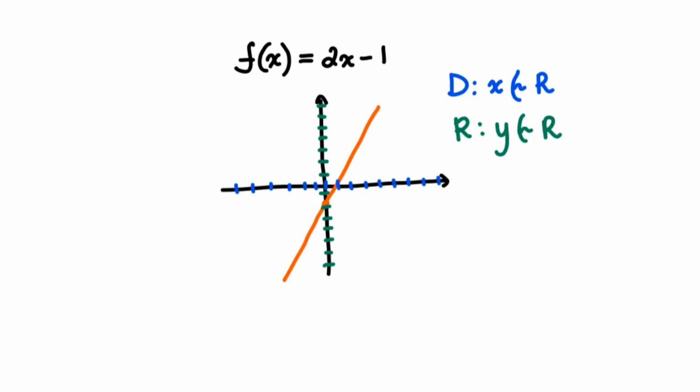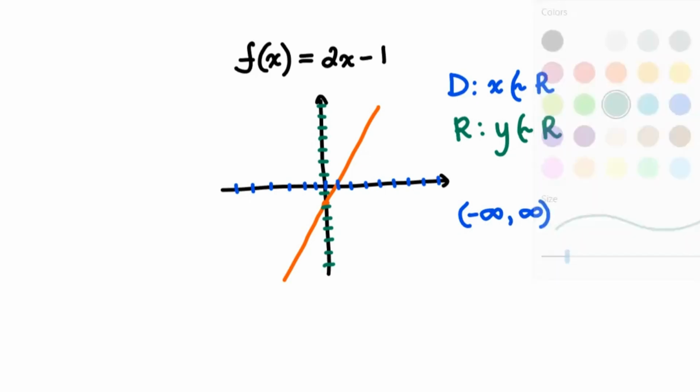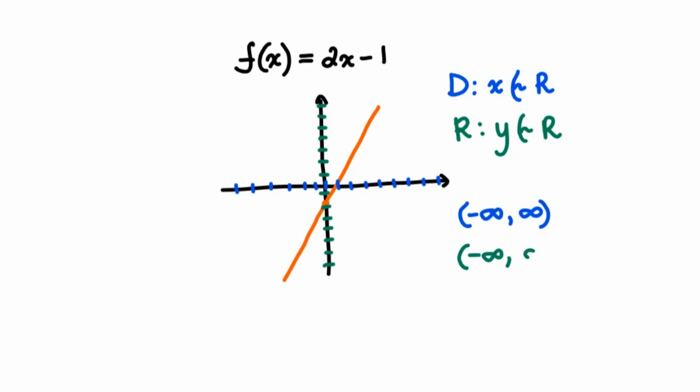So if our line extends indefinitely from left to right with no restrictions, we can say that the domain of such function goes from negative infinity to positive infinity. And if the range of our function extends forever from bottom to top, we can say that the range of such function goes from negative infinity to positive infinity.